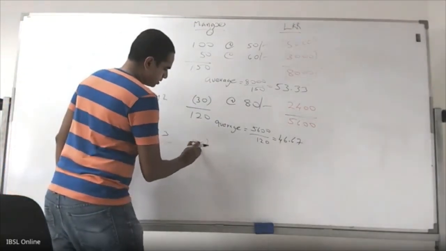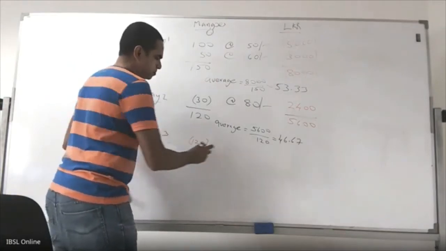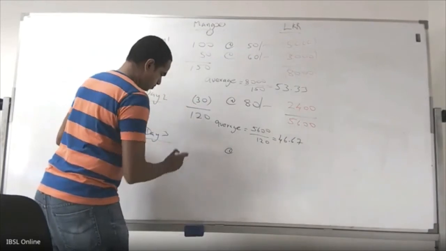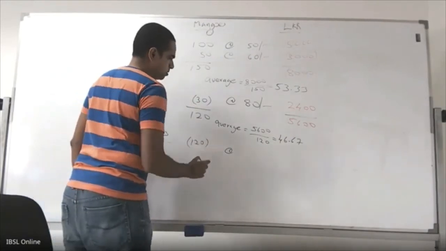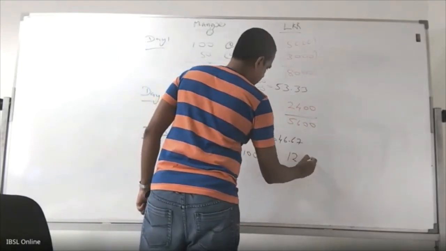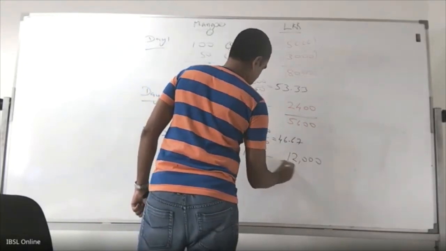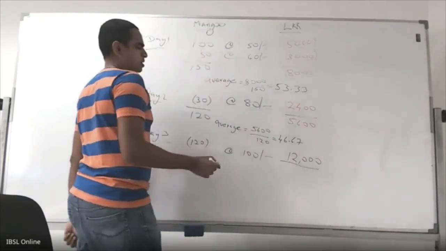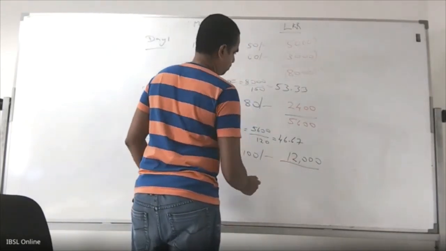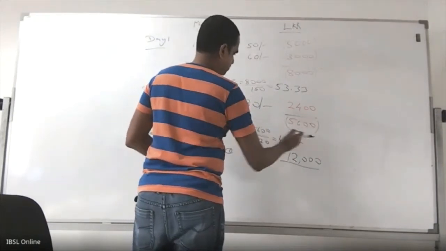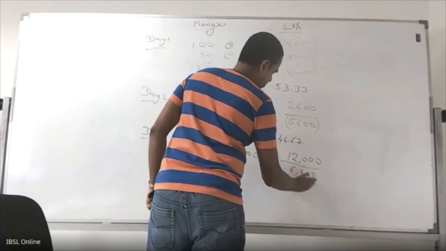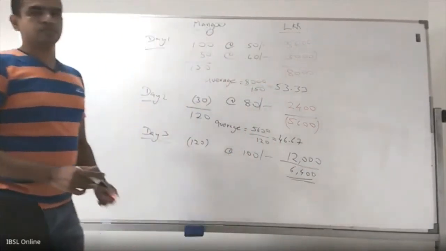We calculate as if you sell 120 mangoes, you can sell at a price of 100 bucks. So you will receive 12,000, and your cost is 5,600. You make a profit of 6,400. Okay.